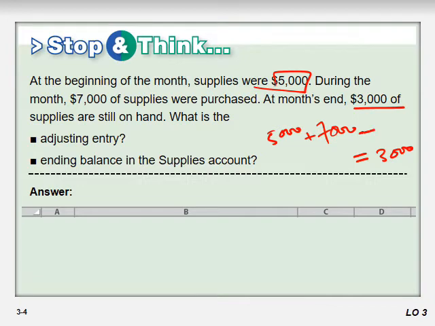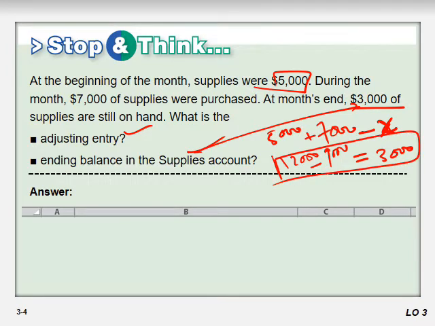How much you consumed during the month, we don't know. So you are required to make an adjusting entry. The ending balance of the supplies account, we already know, is 3,000. So 5,000 plus 7,000 is 12,000, and how much did we use? 9,000. That's how the equation is completed, right? Let's see the solution here.